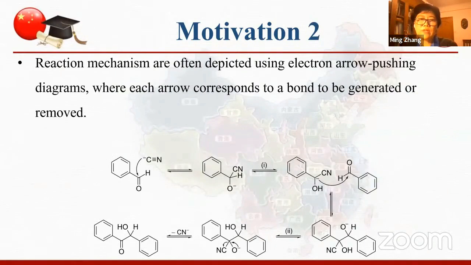For the motivation, the second motivation is that the reaction mechanism is often depicted using an electron arrow pushing diagram, where each arrow corresponds to a bond to be generated or to be removed.